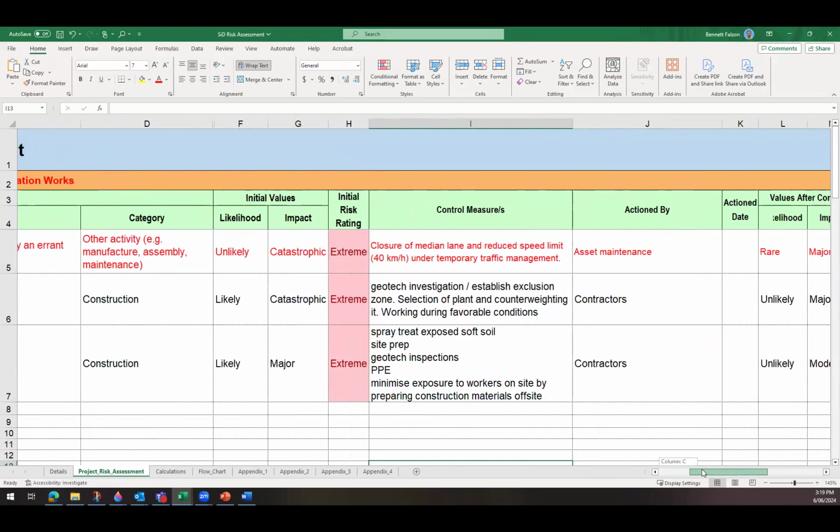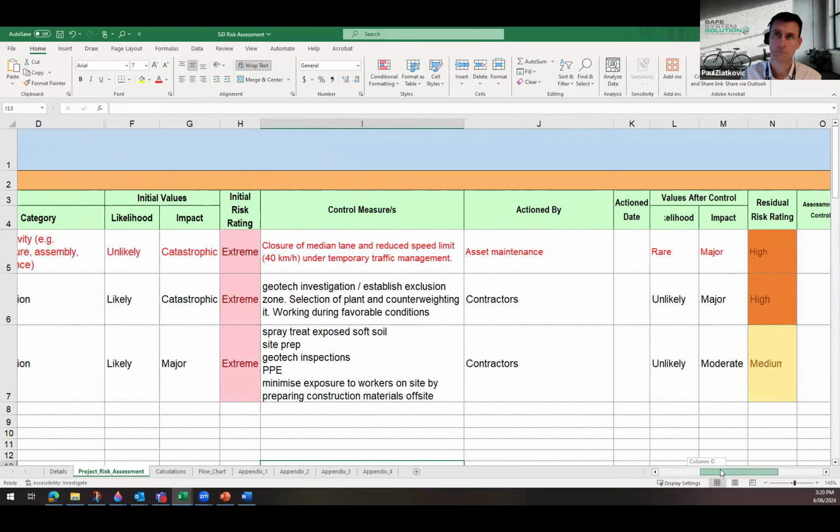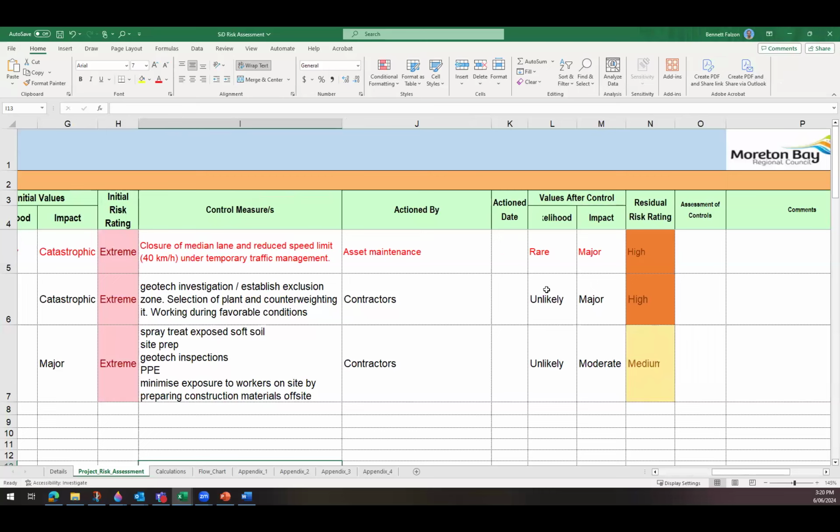Some control measures would be geotech investigation, establishing an exclusion zone for workers, the selection of plant and counterweighting said plant, and then working during favourable conditions, such as not within the rainy periods. That would drop the likelihood down, but it would still be pretty bad if it did happen. So it stays as a high risk.